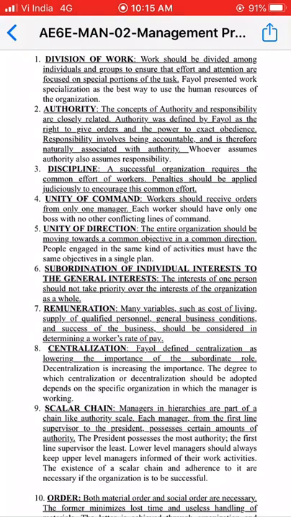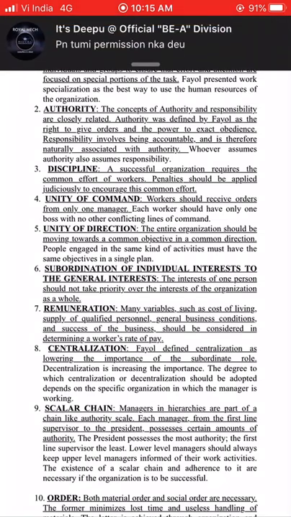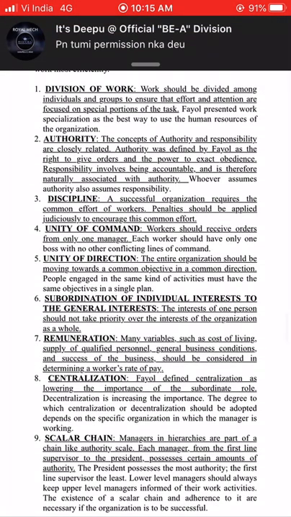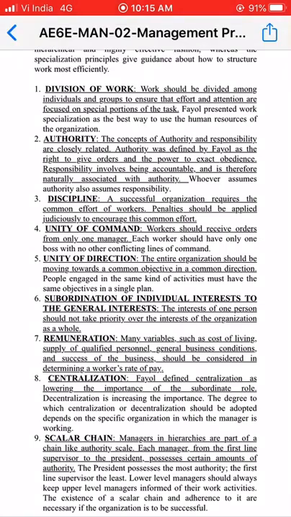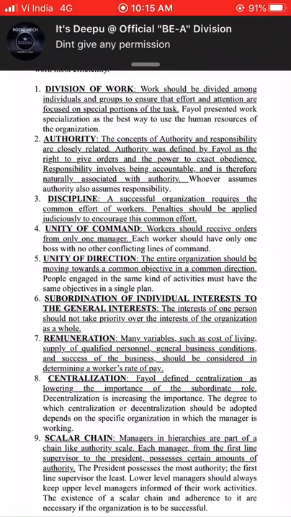Division of work. The work should be divided among the managers and groups of people or employees. This work should be divided among the individuals and groups to ensure that effort and attention are focused on special portions of the task.